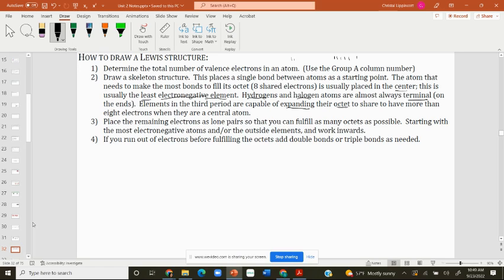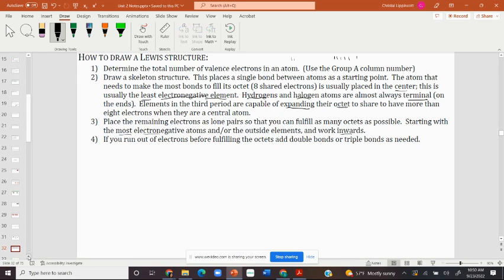Next, we place the remaining electrons as lone pairs so that we can fill as many octets as possible, starting with the most electronegative elements, the ones on the outside, and we work our way in. If we run out of electrons, then we add double or triple bonds as needed.